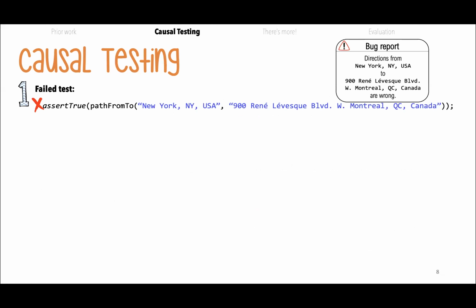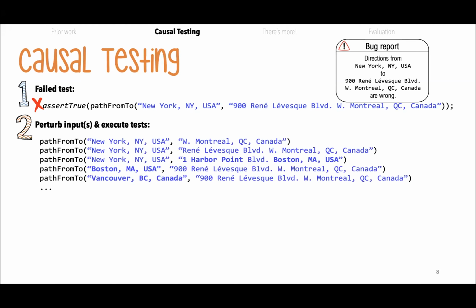And so let's say we got that bug report because this specific test failed. So what causal testing does is it takes this failing test and it takes the inputs from this failing test and it attempts to perturb them in meaningful ways to produce additional valid tests that we can execute and determine and keep track of whether they're passing or they're failing.